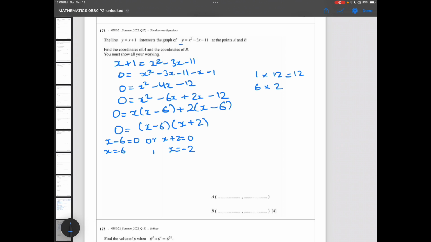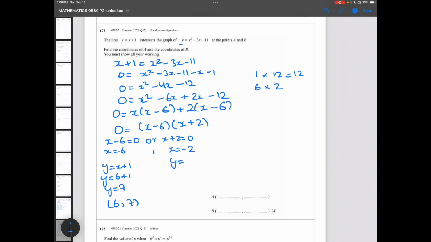We were supposed to find the coordinates. In coordinates, the first coordinate is x and the other one is y. So we must find the y coordinate now. In the equation of the line we have been given y is equal to x plus 1. So let's put the value 6 in place of x. We get y, that is 7. I got the first point, x is 6, y is 7. And we had another value for x as well, that's minus 2.